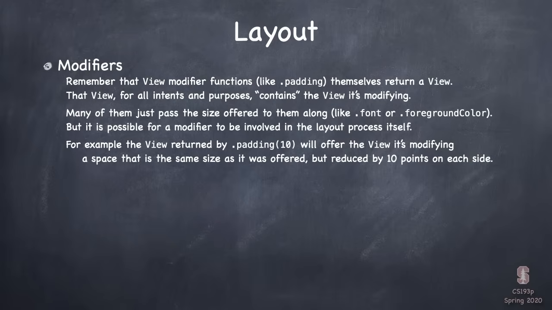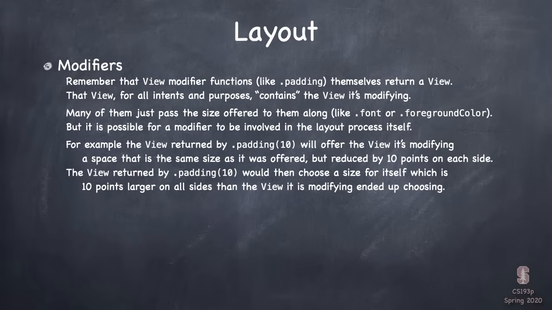It's essentially removing that 10 because it knows it's supposed to provide the 10. And then the view that's returned by padding chooses its own size to be whatever size the thing that it's modifying ended up being plus 10. So that's what padding does. It adds 10 points around the outside or whatever edges you say of the thing it's modifying. So you see how .padding, it's just a modifier, it's just a view that participates in the layout.